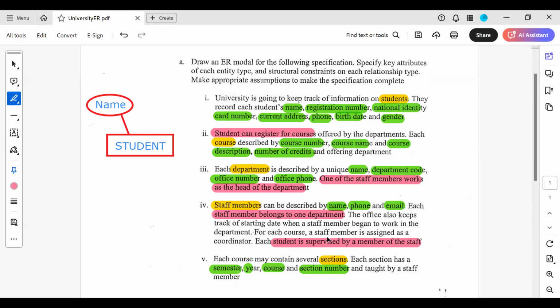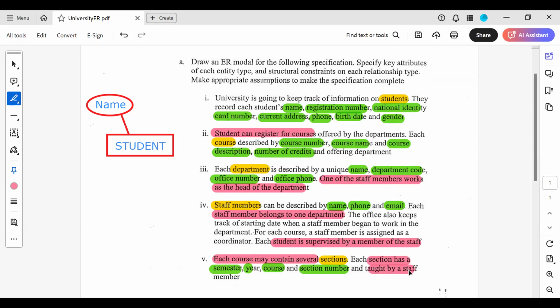Then, according to Nirmal, each course has several sections. Yes, you can have a contains relation between course and sections. Then each section is taught by staff, right?